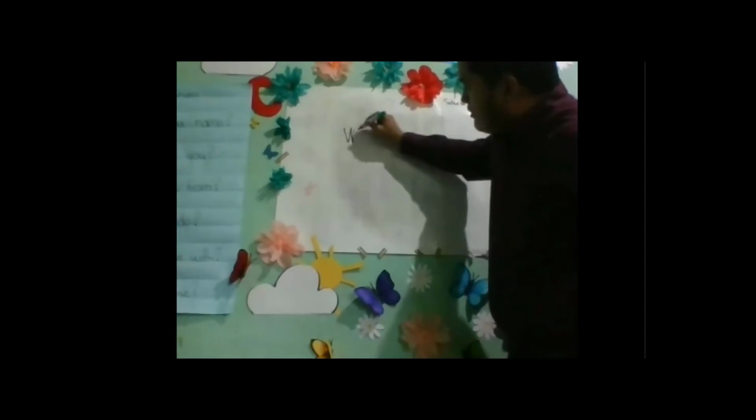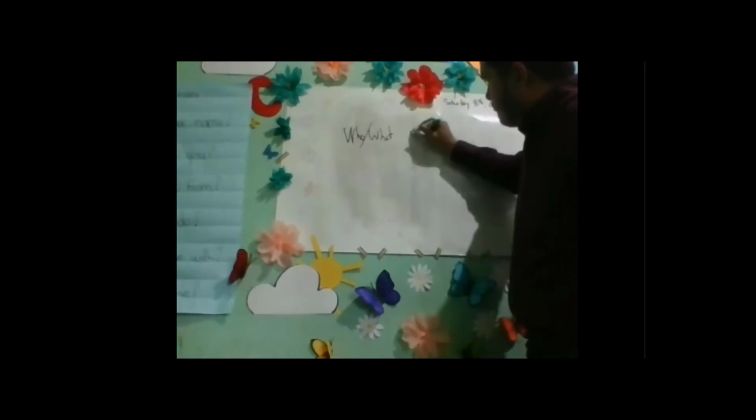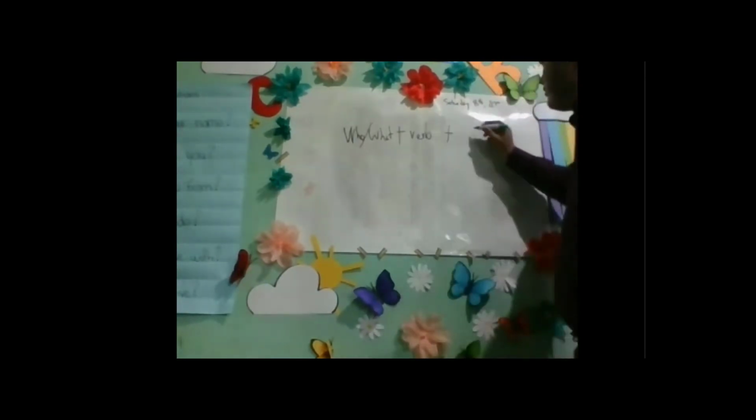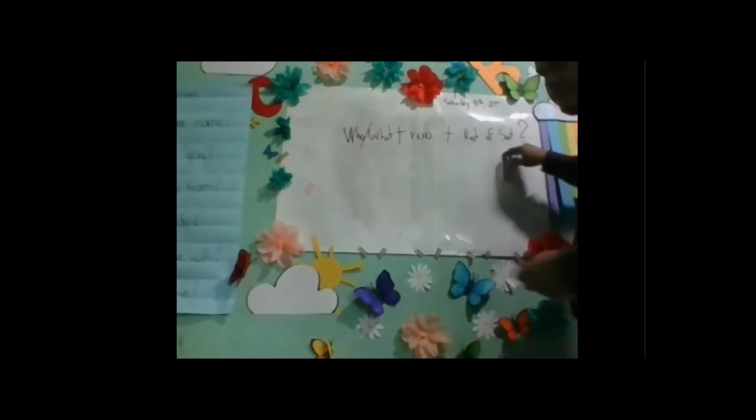So try to pay close attention and remember that when we ask about the subject, we use who or what plus one verb, the rest of the sentence, and the question mark. This is about the subject.